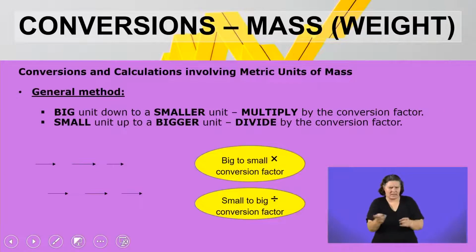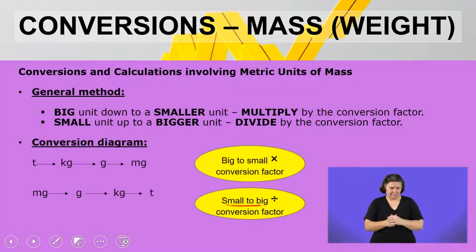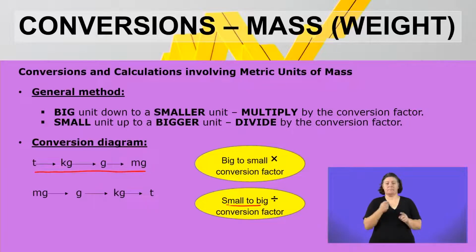Grade 12, same thing will apply here. Right, general rule says big to small, we multiply, and then small to big, we will divide by the conversion factor. Now, if I look at this line, I started again big to small. So tons, kilograms, grams, and milligrams. Then milligrams, grams, kilograms, and tons. So this time around, it is from small to big.